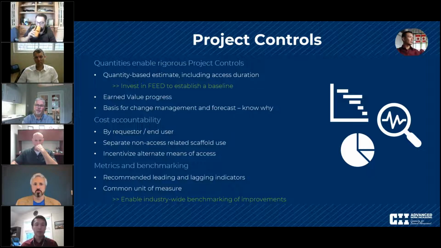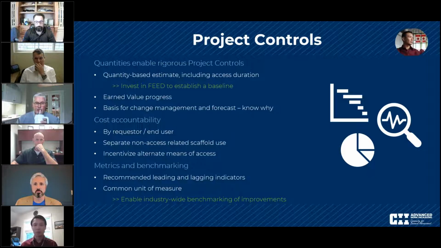And another part of cost accountability is to incentivize alternate means of access. Building a scaffold makes a lot of sense when you need to repeatedly access the same work front over and over by multiple people. But there are certain instances where you're only doing a quick inspection, for instance, where it might not make sense to spend 40 or 50 hours to build a scaffold, have someone go up, use the scaffold for 2 or 3 hours, and come back down.